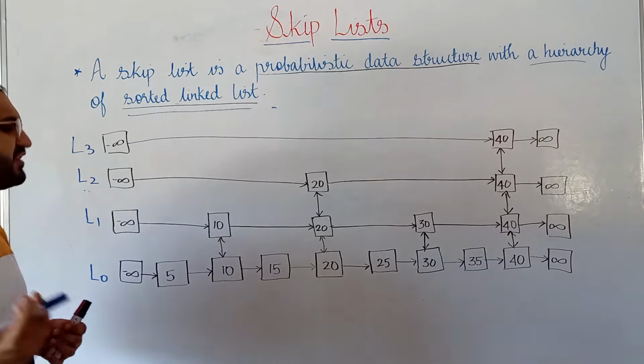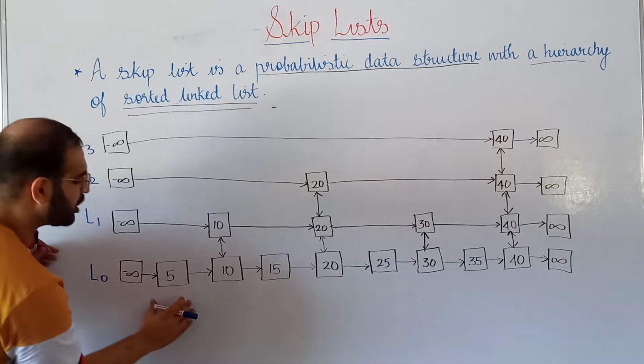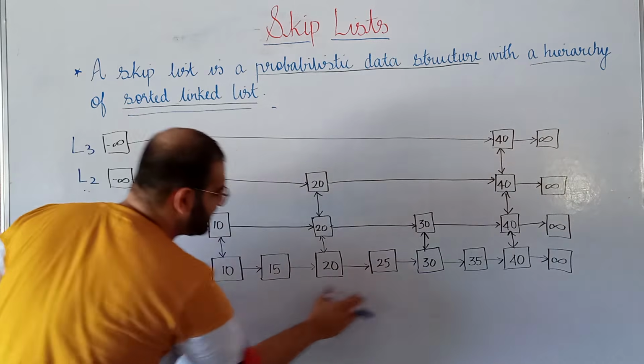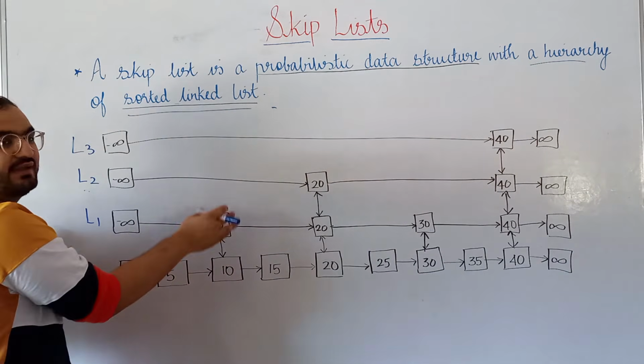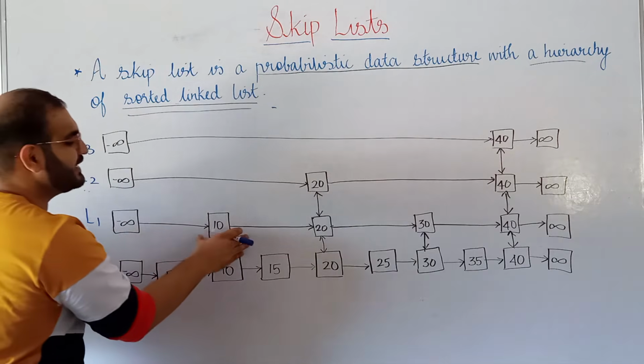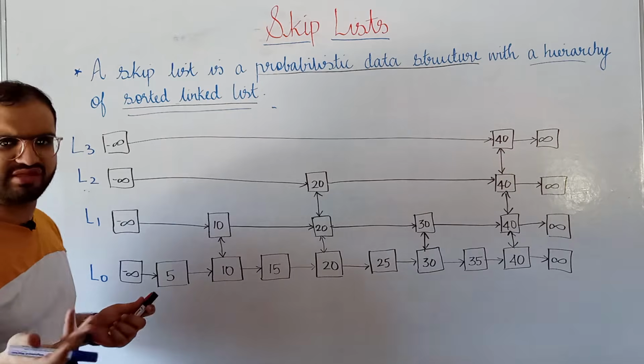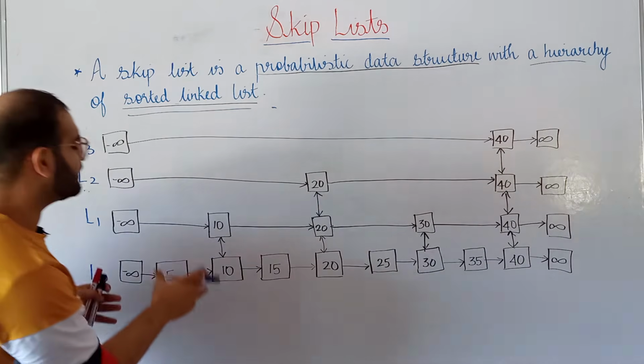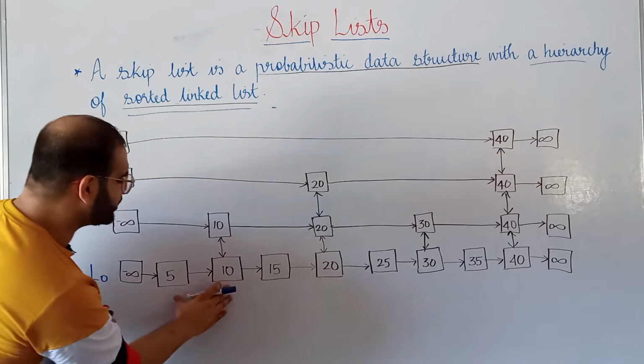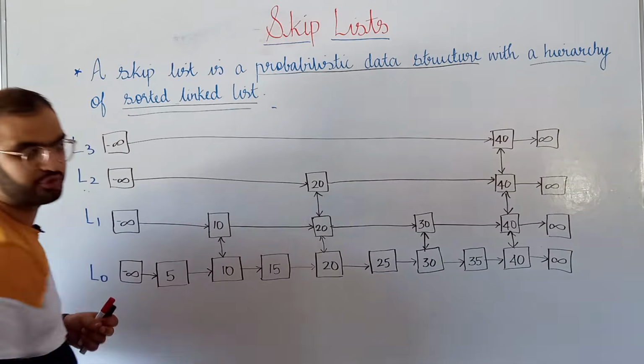So here we have decided that we will only be taking the alternate elements in this linked list and copy them in the linked list that is above, right? Over here also we decided that we will be following this strategy. It is not necessary. We can also say that we will be leaving two nodes and then copying one node to the top linked list.